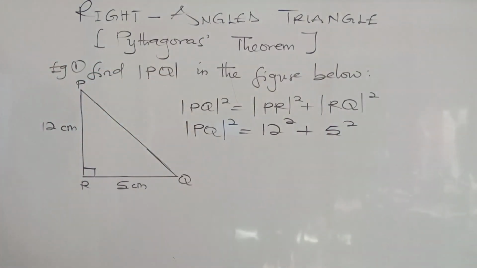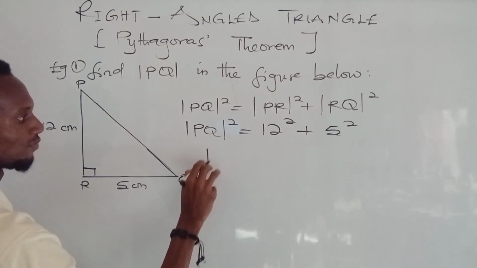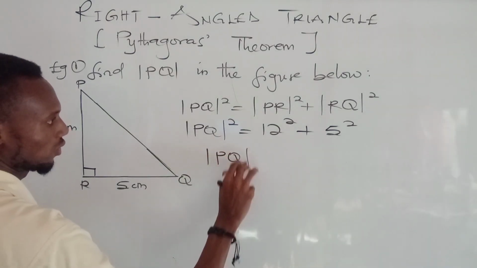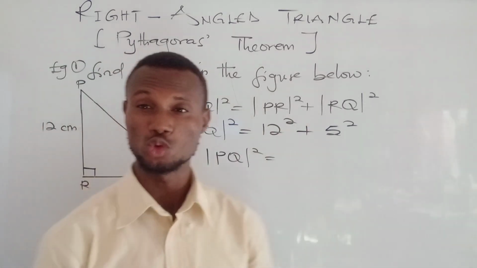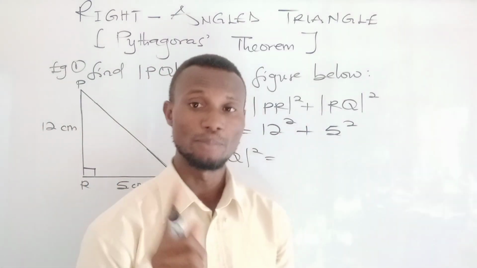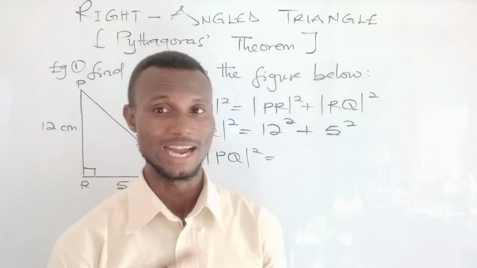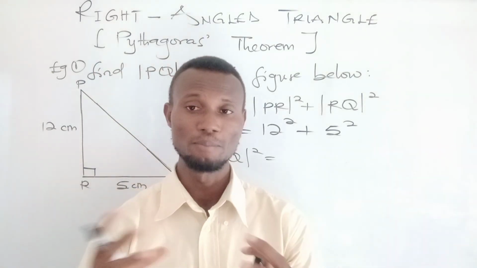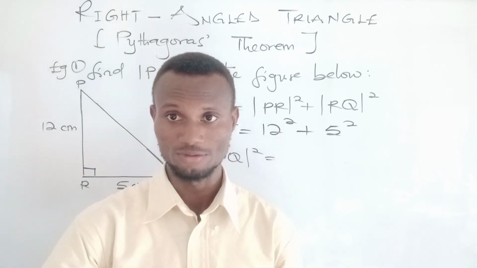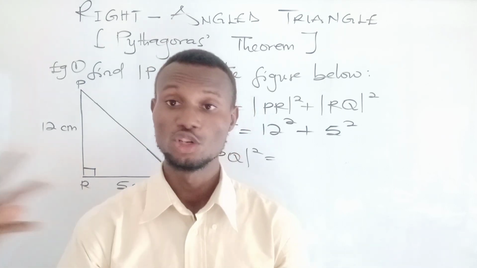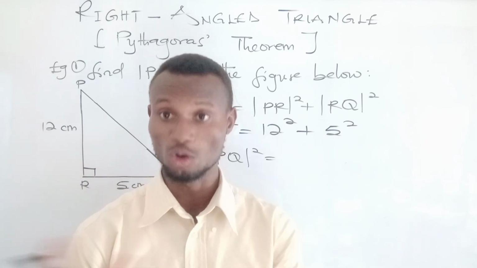Let's go ahead and simplify further. So I'm going to repeat my line PQ squared, which is here, equals, now 12 squared means 12 times 12. Please, 12 squared doesn't mean 12 times 2. No. Students make those mistakes a lot. So 12 squared means 12 times 12. It means 12 is multiplying itself 2 times. That's the meaning of 12 squared.